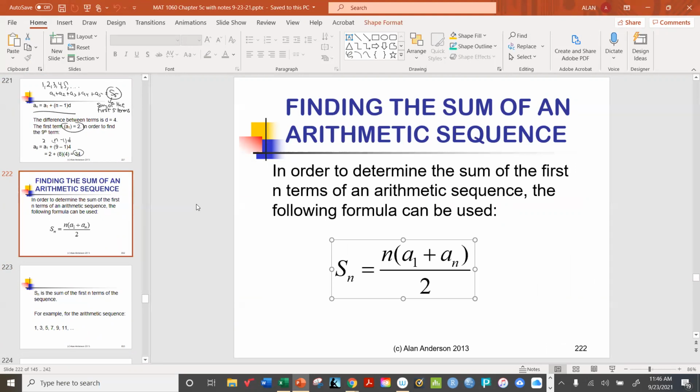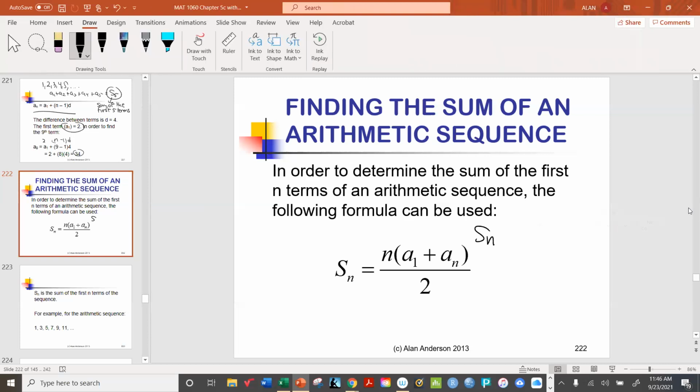So what's different here is that Sn stands for not the nth term, but the sum of the first n terms. Now, none of these terms you hear are new. n is the term you're looking for. a1 is the first term. This is the nth term. And of course, here's 2.